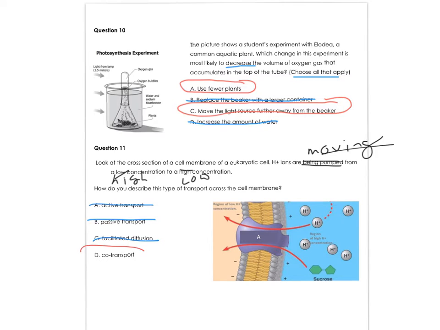It's actually co-transport. One of them is coming across and it's bringing along with it another one. So two of them are coming in at the same time. That's hence the word co. You know that again from the movie I showed you in class, from our discussions in class, and from the previous explanation of the exam.